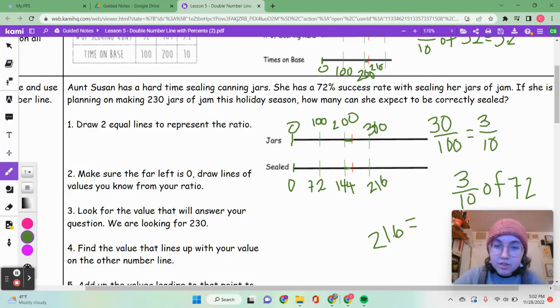But that means we need to add another 21.6 to our 144, which means our 200 jars attempted, which will get us a total of, I'm going to bring this down here, 165.6 sealed jars, roughly.